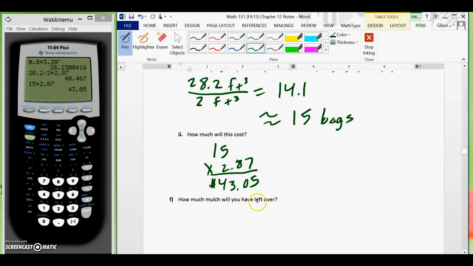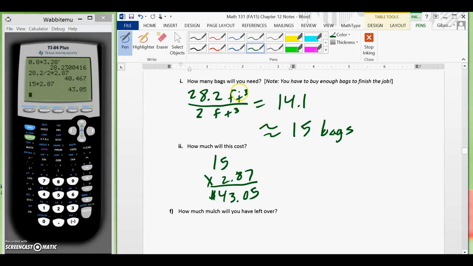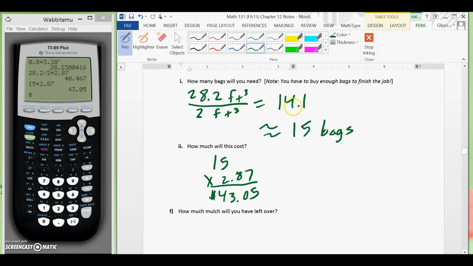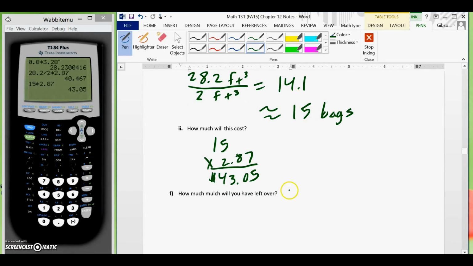Now, how much mulch will you have left over? Okay, now remember, we had 14.1 bags, but we had to get 15 bags. So we would have 15 minus 14.1, and that would leave us 0.9.